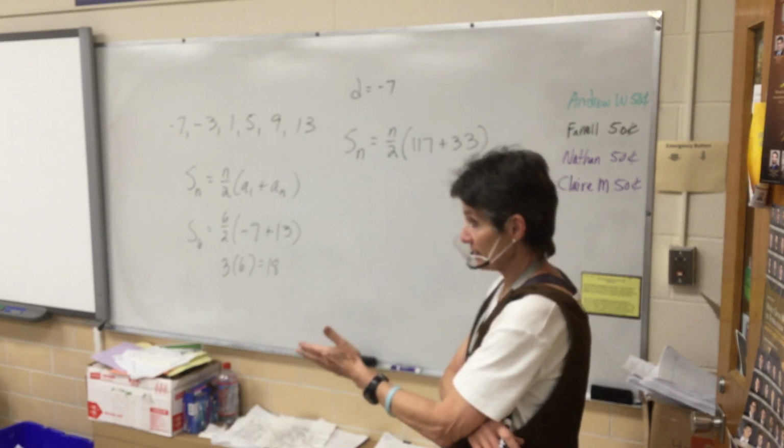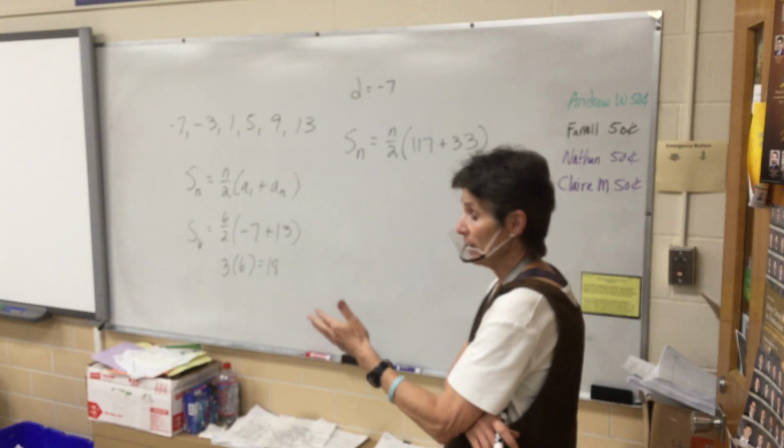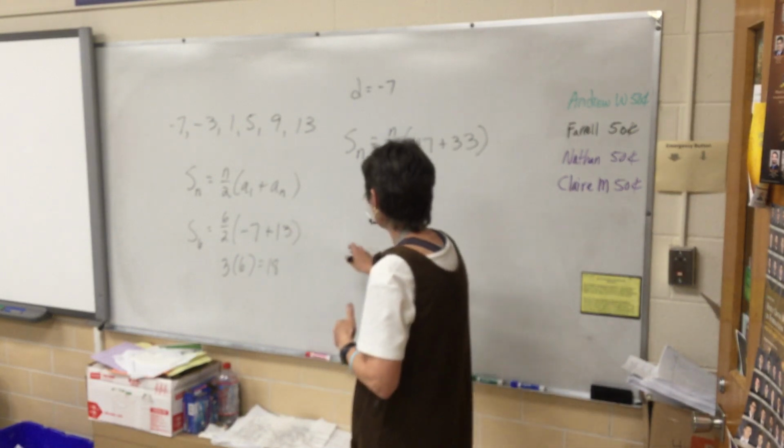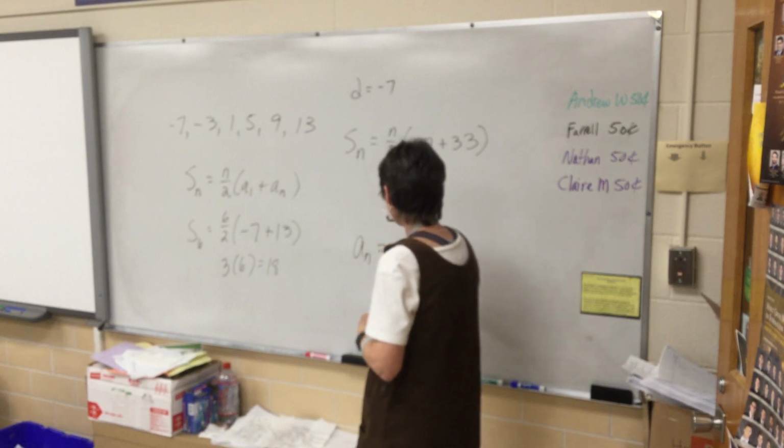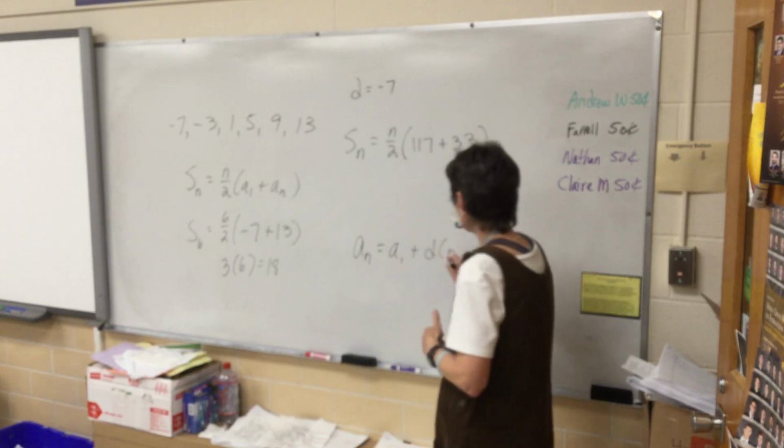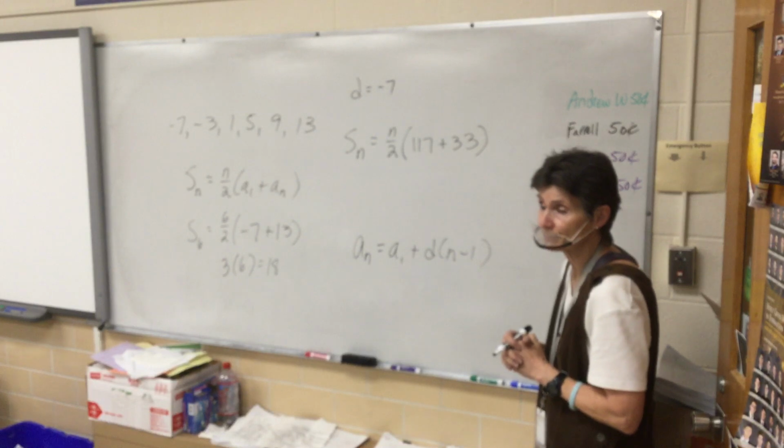Well, it's arithmetic, right? And whenever I don't know what else to do, I'm going to dig out my other arithmetic formula. Could this be of any use to me?